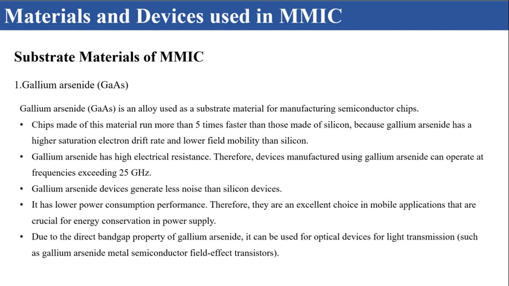The first one is gallium arsenide. It is an alloy used as a substrate material for manufacturing semiconductor chips.